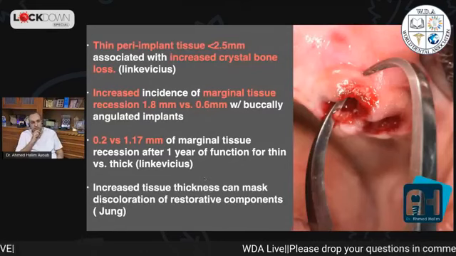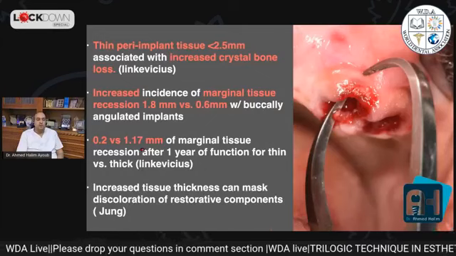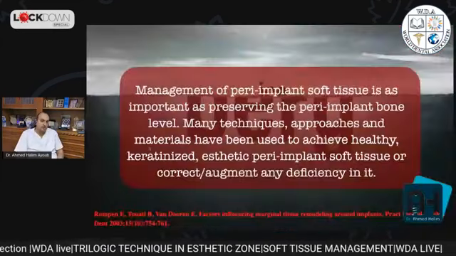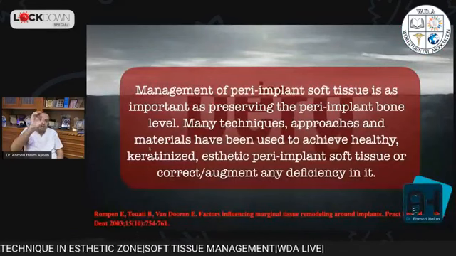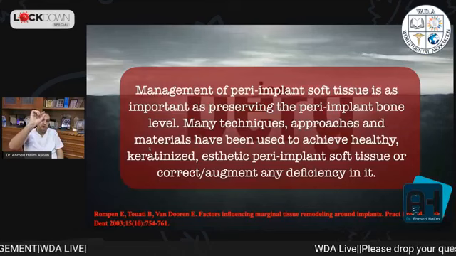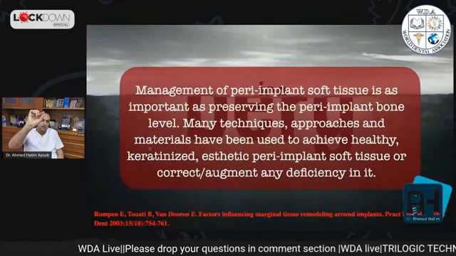You see in thin gingival biotype, what happens? 1.17 millimeters of bone resorption and tissue recession, which means it's really important to increase the thickness of peri-implant soft tissue to prevent more bone resorption.